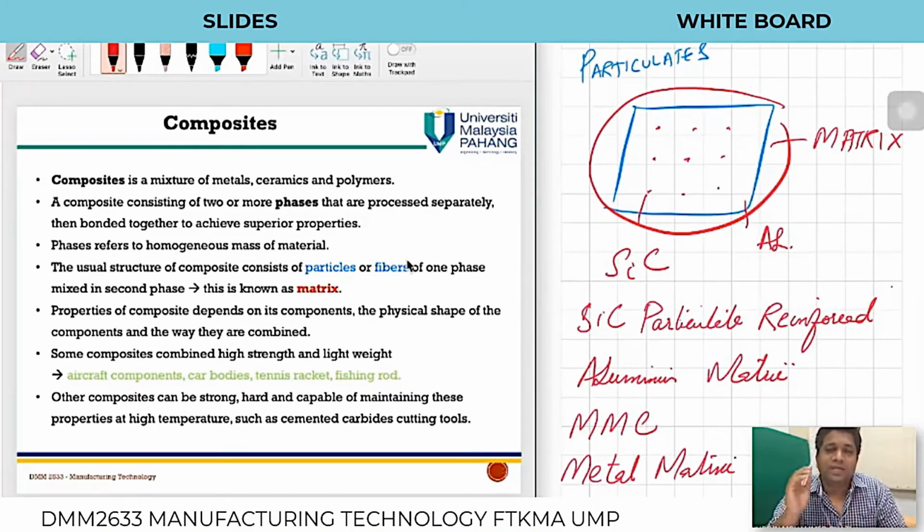Then we move to polymers. Polymers are basically organic compounds, made of carbon and long chains of carbon called mers. Carbon can be combined with hydrogen, oxygen, chlorine, fluorine, etc. Then there are the three types of polymers: thermosetting, thermoplastic, and elastomer.